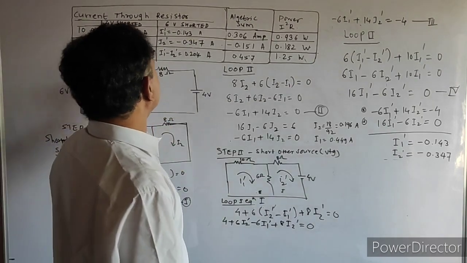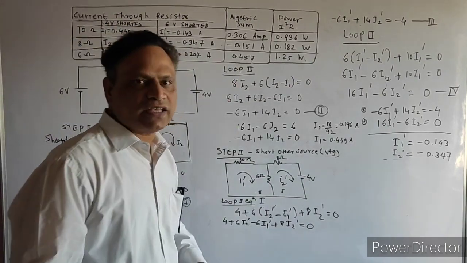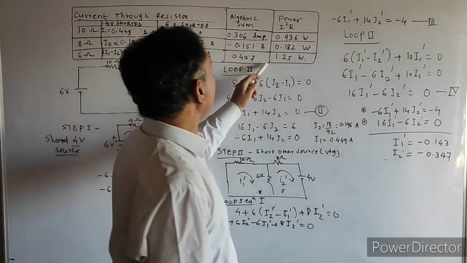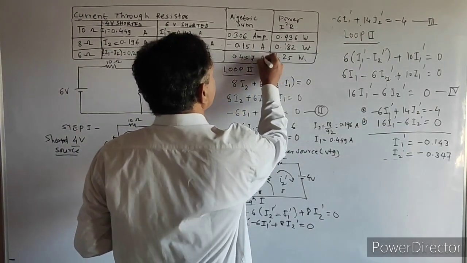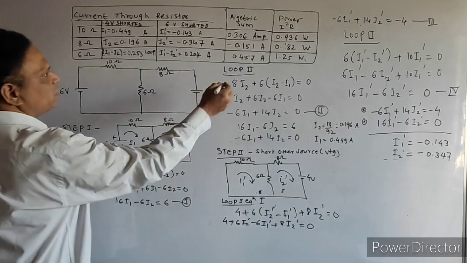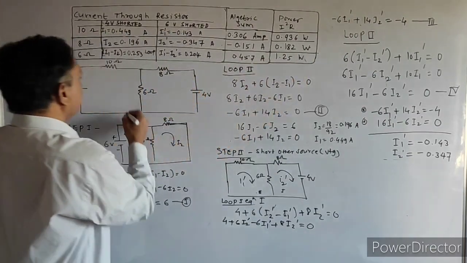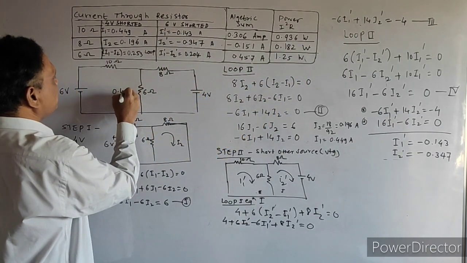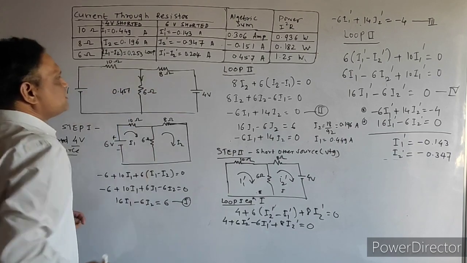The algebraic sum of these two will be 0.457 ampere, which is the resultant current flowing through this resistance.